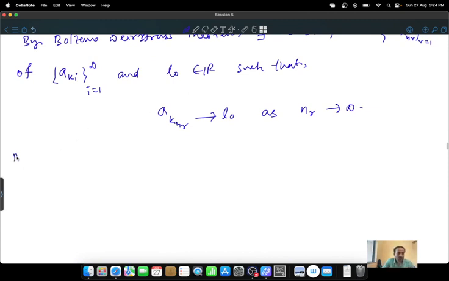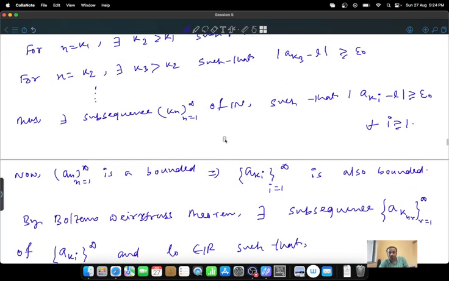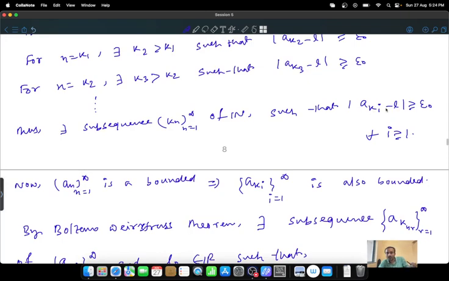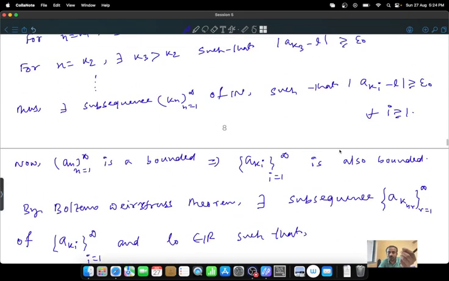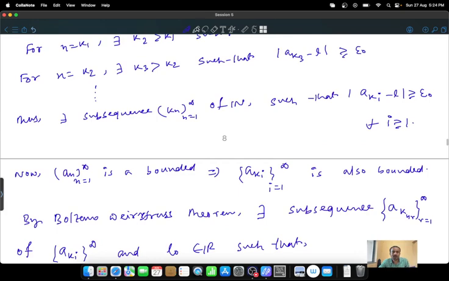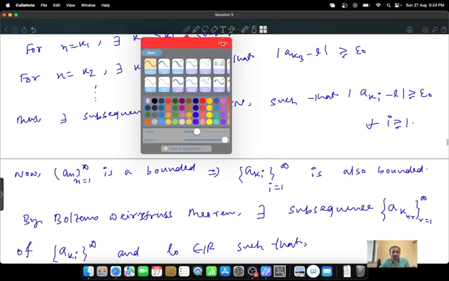By hypothesis, L naught equals L, right? So you have got one thing, let me mark it as star. You have arrived at the contradiction, but we just need to mention it.